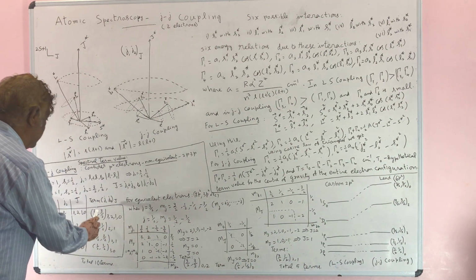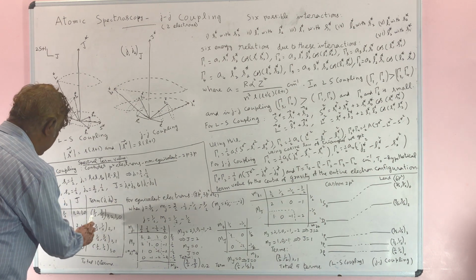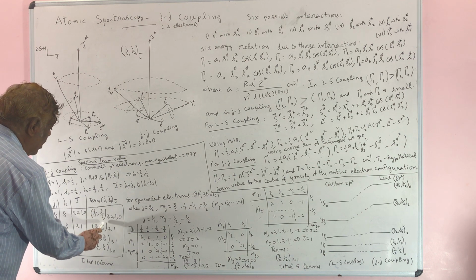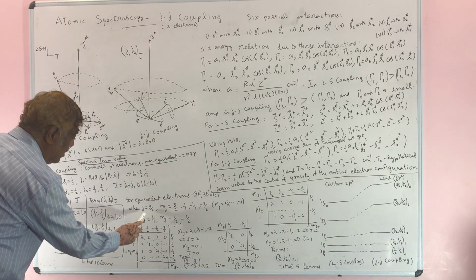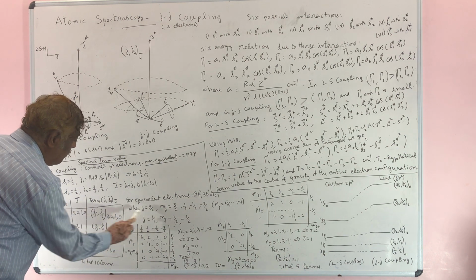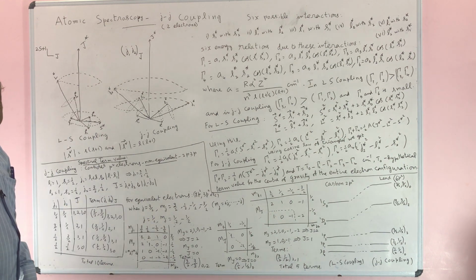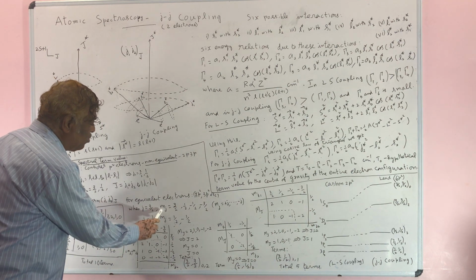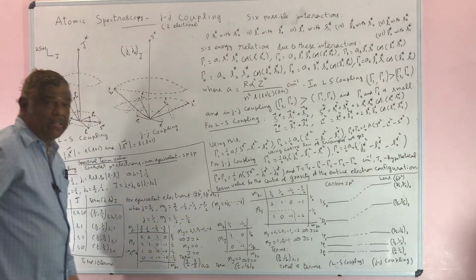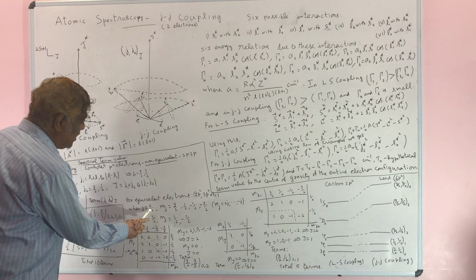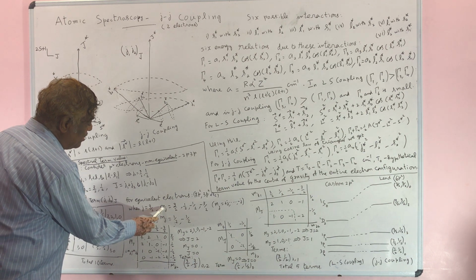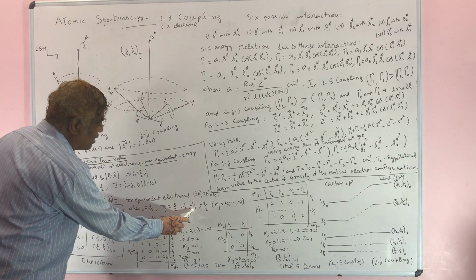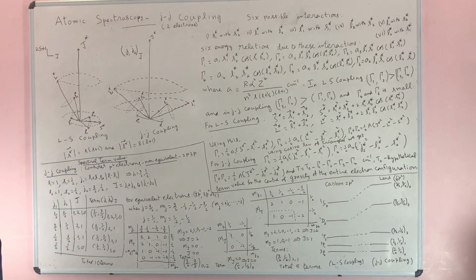Now let us write. Suppose here you take the J value. The total J value here is 3 by 2, half, etc. So for J is equal to 3 by 2, let us find the Mj, the magnetic quantum number. This Mj runs from plus J to minus J in steps of 1. So when J is equal to 3 by 2, Mj is equal to 3 by 2, half, minus half, minus 3 by 2.